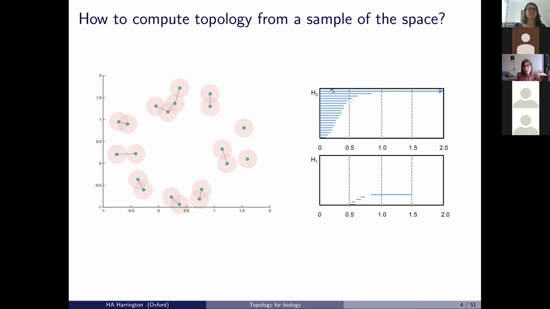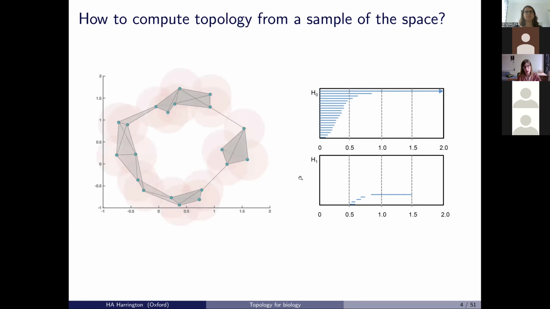And so then at some epsilon, as you continue to increase this epsilon parameter, we can see that many of these connected components, these clusters, are merging. And then ultimately, we see there's a small one-dimensional loop here.